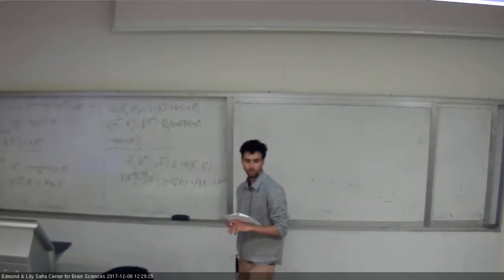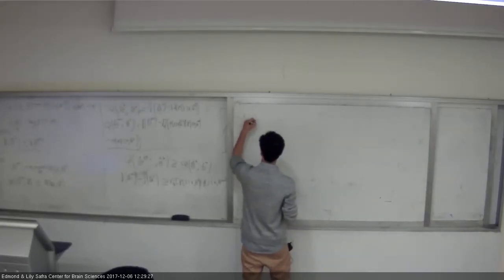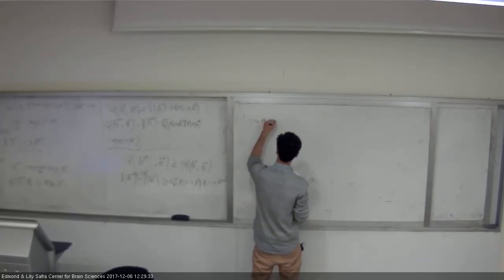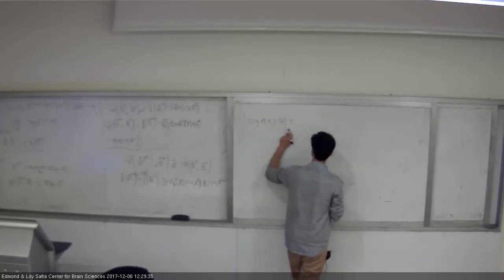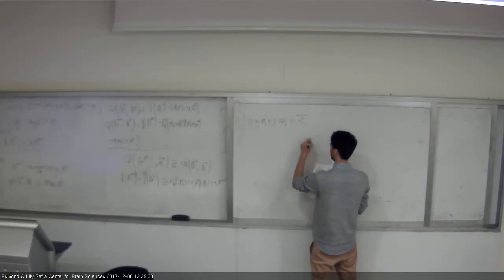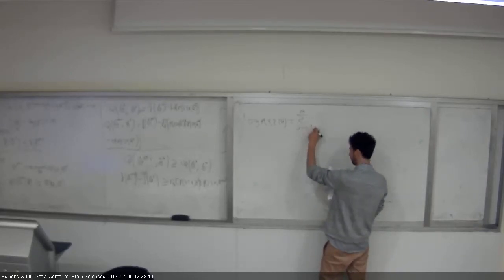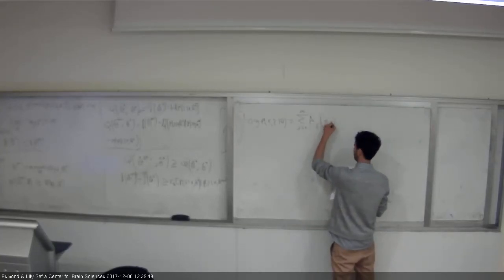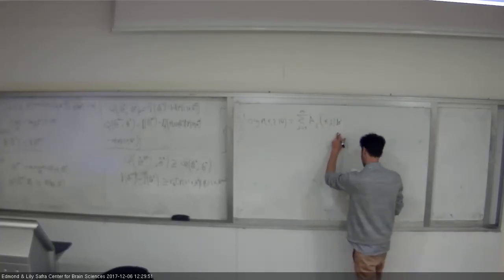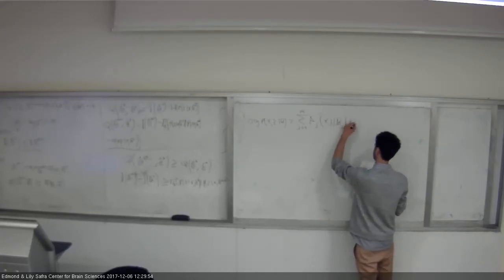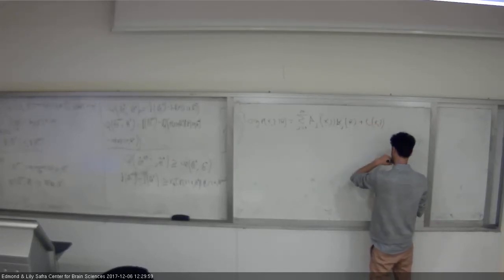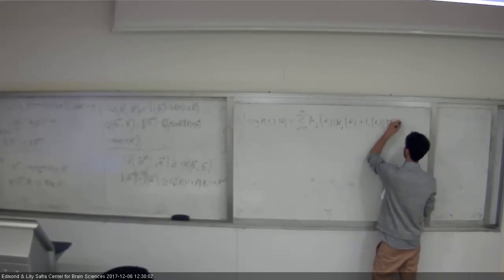In an exponential family, we can describe it as log of p of x and z given theta equal to the sum over j between 1 to m of a_j of x and z times b_j that depends only on theta, plus c of x and z plus d that depends only on theta.